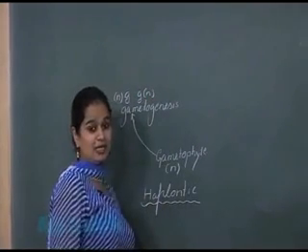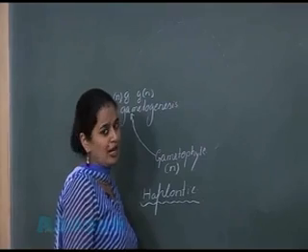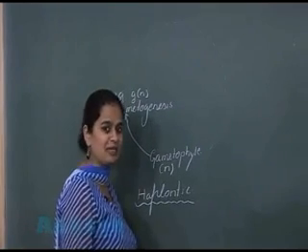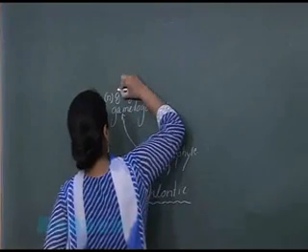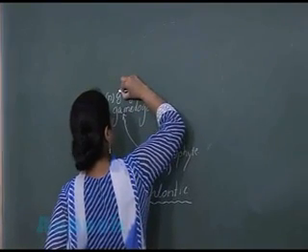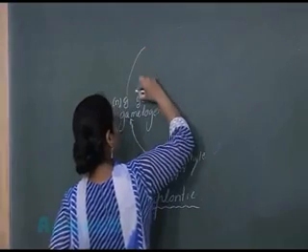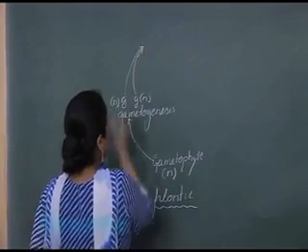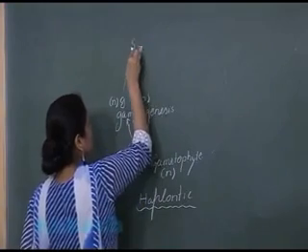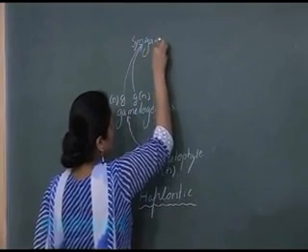Haploid gametes banenge. Now these haploid gametes will show fusion, and you know that fusion of the gametes is known as syngamy. So ये जो haploid gametes है, ये fusion show करेंगे. They will fuse, they will fertilize. The fusion is known as syngamy.